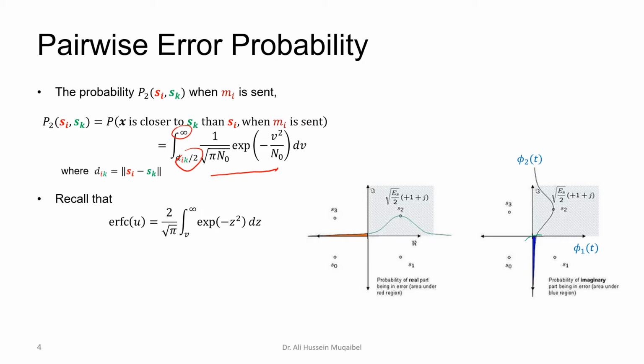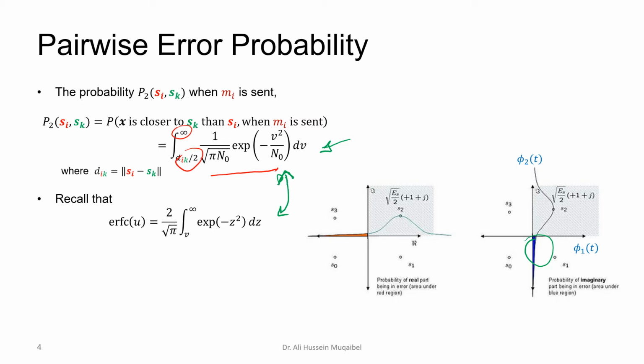Recall that for the integration of Gaussian to find the CDF of Gaussian, we don't have a closed-form expression, so we can use the Q function, the complementary error function, or the error function, any of the tabulated functions. For example, if you want to use the complementary error function, erfc, which is also available in MATLAB, we can also use the Q function. They are related to each other, with a difference between the limits and some constant multipliers.